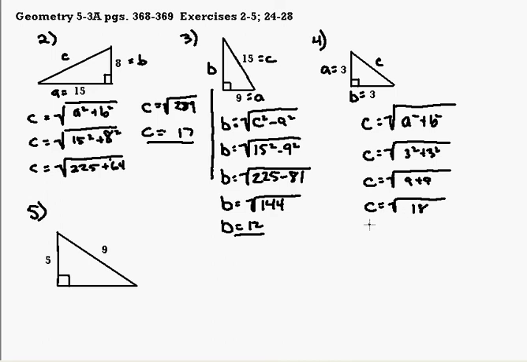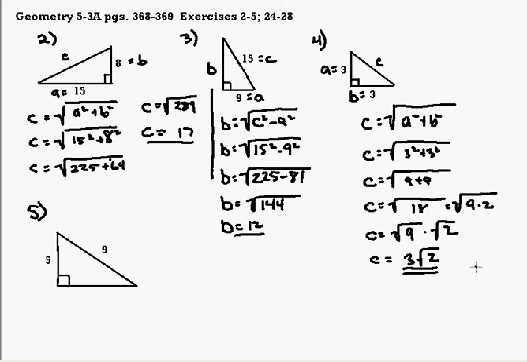Well, 18 can be broken down into two numbers multiplied together. So this is equal to the square root of 9 times 2. So C is equal to the square root of 9 times the square root of 2, and the square root of 9 is 3. So C is equal to 3 square root of 2. So that is C in its simplest radical form.